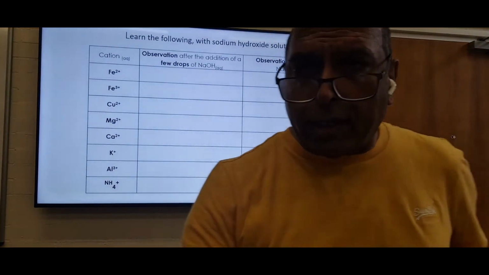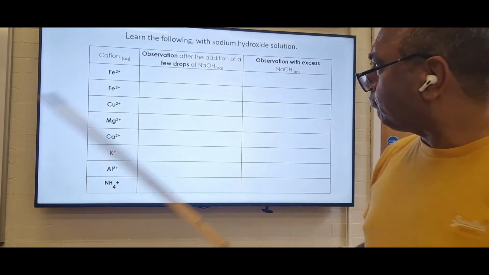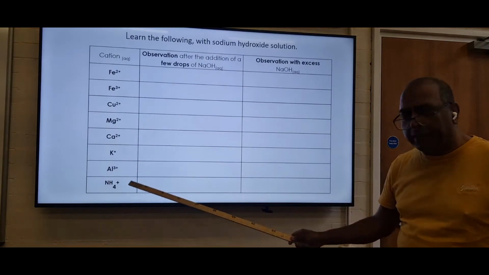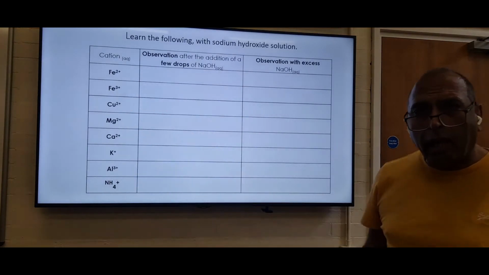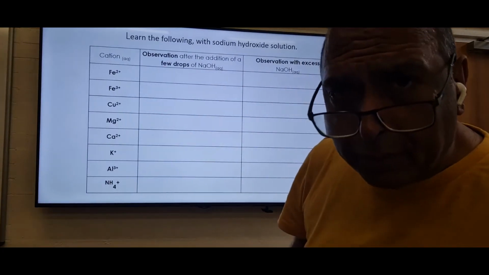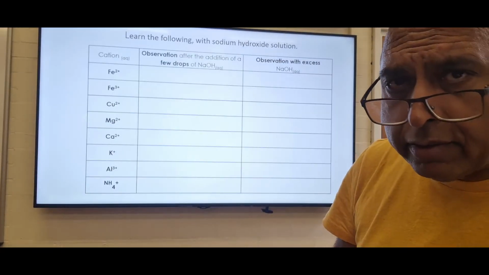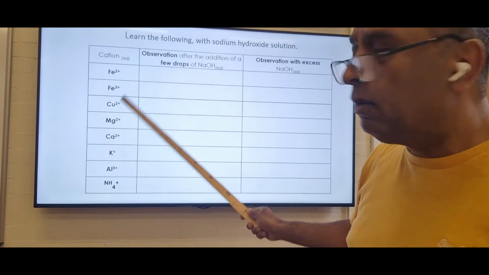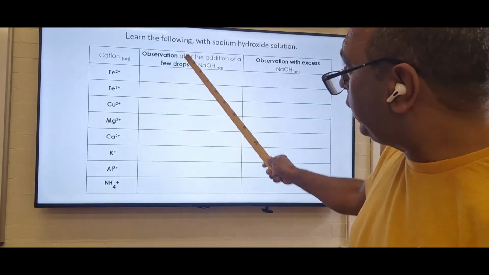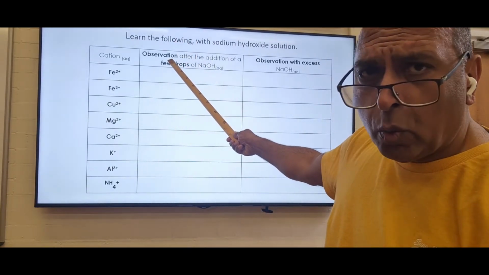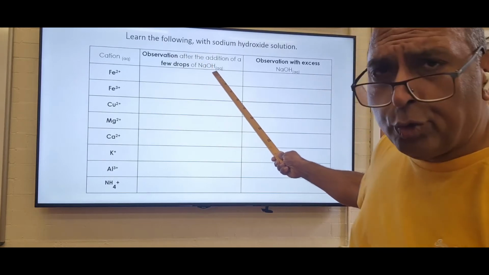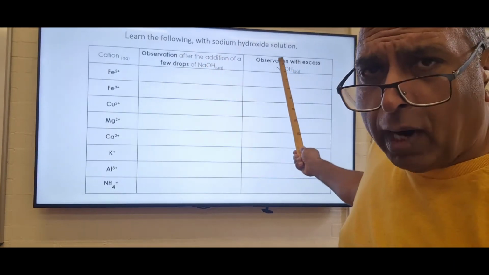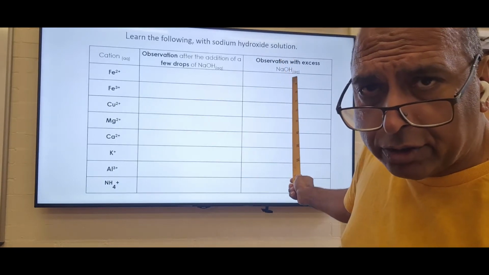So with sodium hydroxide, you need a table like that. We're going to be able to identify some of these, but we will not be able to identify all of these. The way we're going to do it is we're going to observe what happens with a few drops of sodium hydroxide, and then what happens with loads of sodium hydroxide solution.